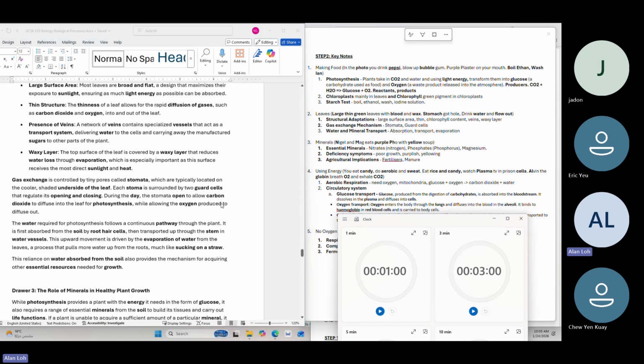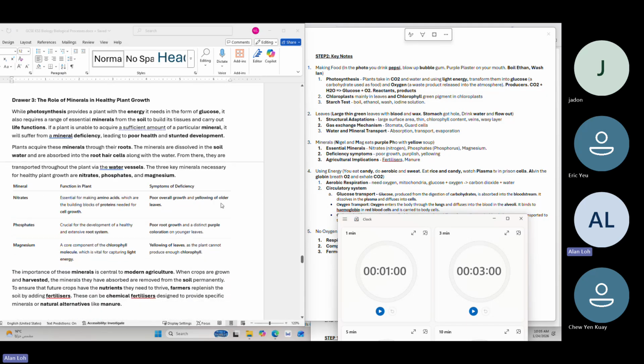Done. Drawer number 2. Now move on to drawer number 3.